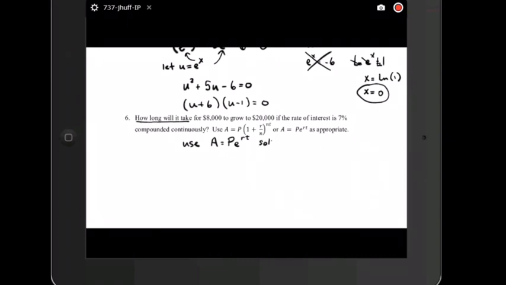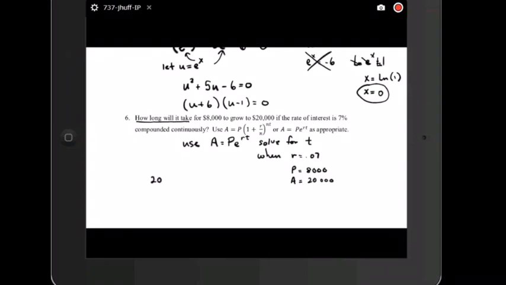So let's solve for t. That's a question of time. Solve for t when r equals 0.07, when the principal investment is 8,000 and the future amount is 20,000. And then we solve for t.